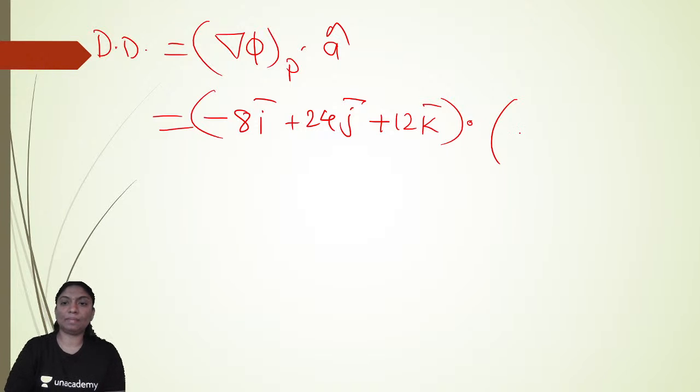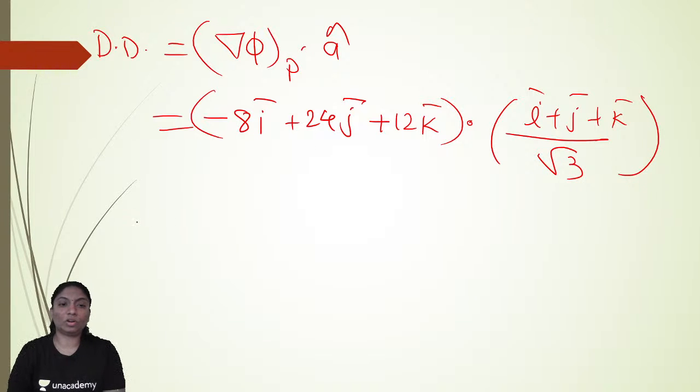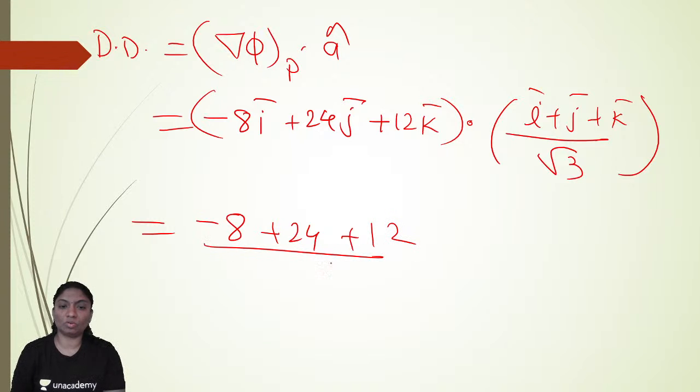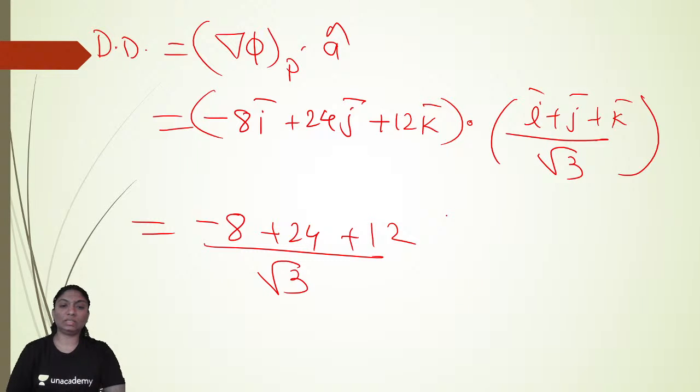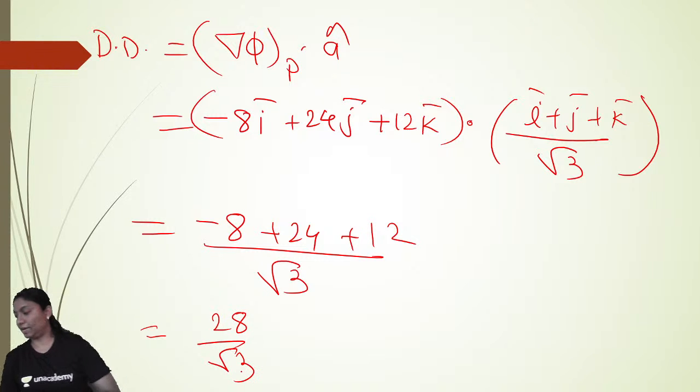A cap is (i bar plus j bar plus k bar) upon root 3. The dot product of this is (minus 8 plus 24 plus 12) upon root 3, which is 28 by root 3. So 28 by root 3 is the directional derivative.